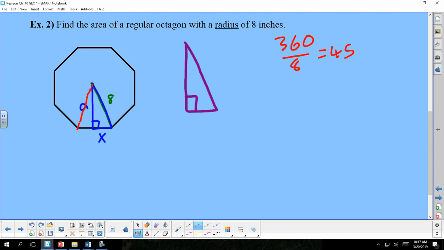So that's this whole angle right here. So I still need to take that and then divide it by 2 to find this little angle right here. So this angle right here is half of 45, or 22.5 degrees.